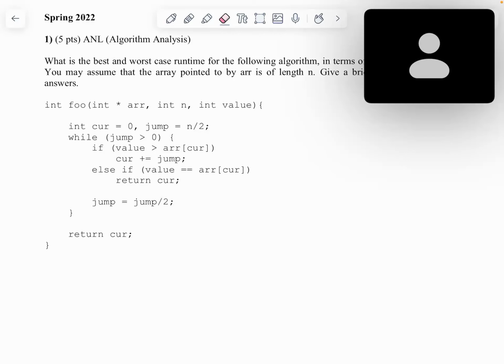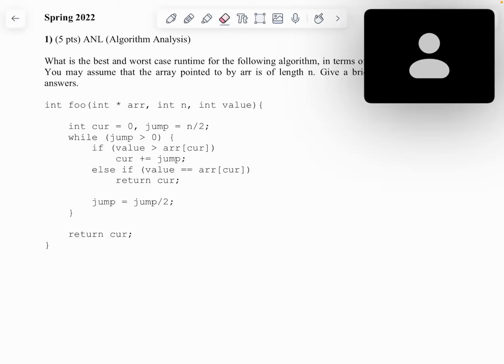Divided by 2, yeah. But before that, any loop? Yeah, a while loop. Thanks. All right, so we have a while loop. So now we want to evaluate how long this while loop is going to run, and we want that in terms of n.